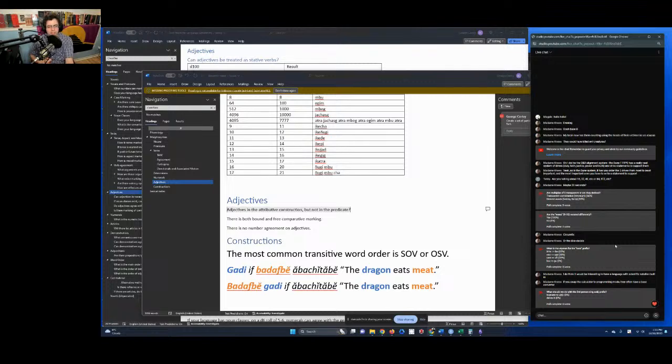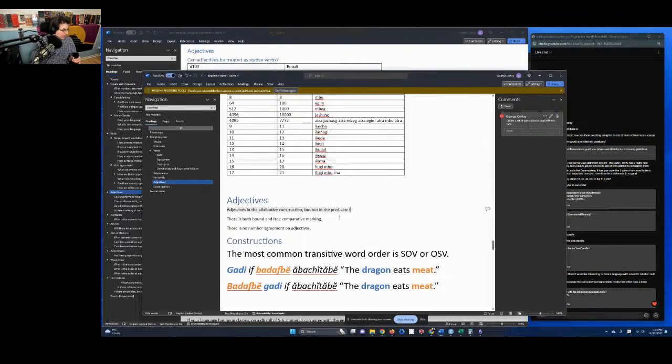And it looks like we are developing to a point where I need to get the adjective morphology figured out. I'm going to have to go into that and figure out what the comparative marking looks like. Adjectives precede nouns. That's something.